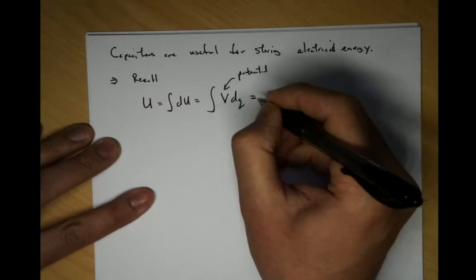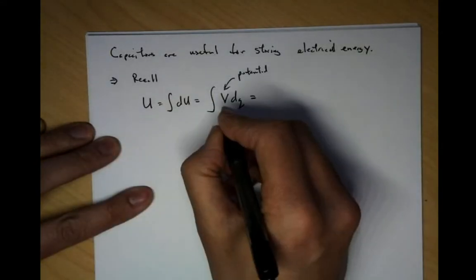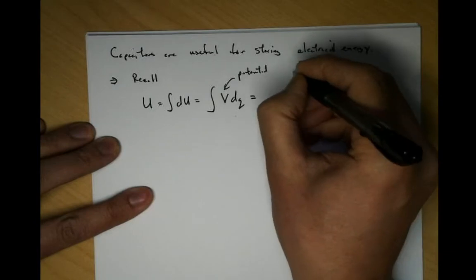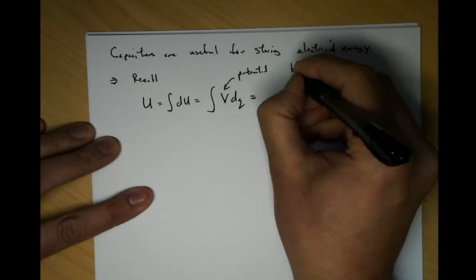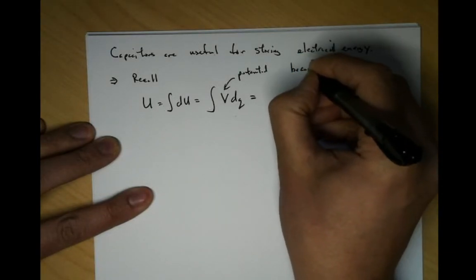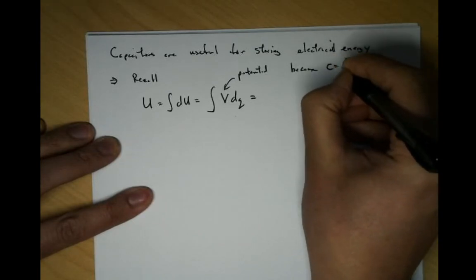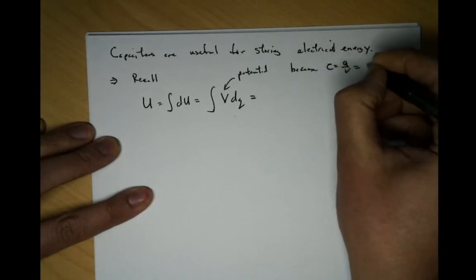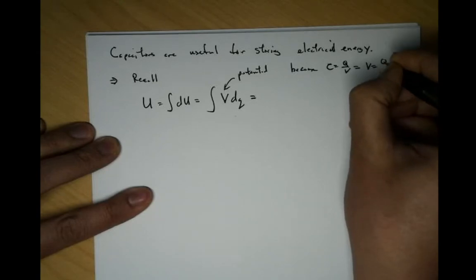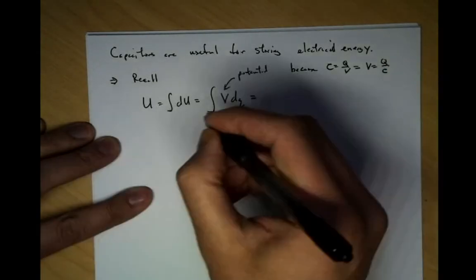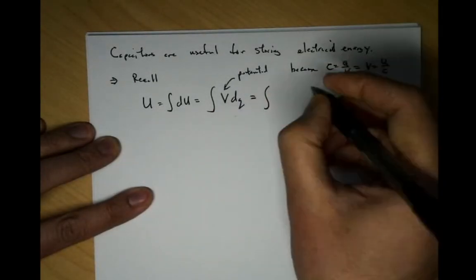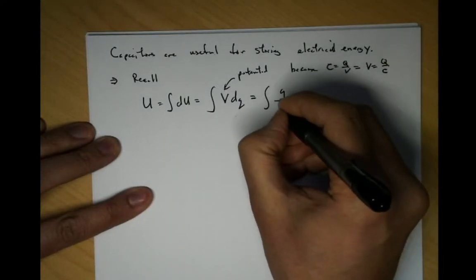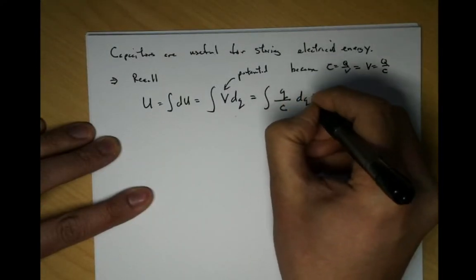Now, what is interesting about the potential is that because C is equal to Q over V, that means V is equal to Q over C. So let's look again now. The integral of Q over C dq.